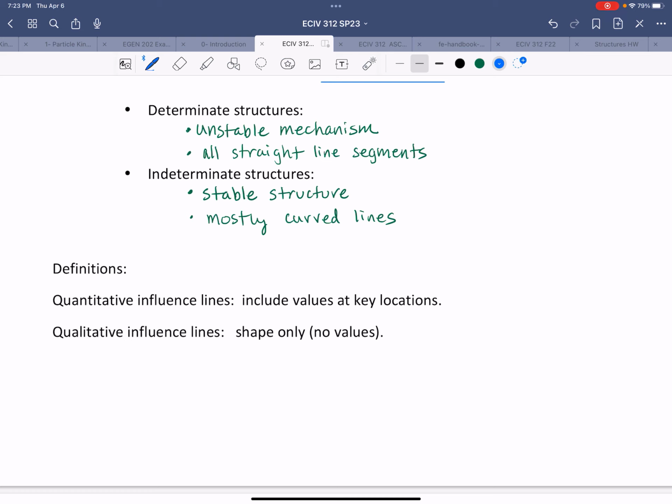All right, so a few definitions before we move on to an example. We can have quantitative influence lines, which is a lot of what we've been doing so far with statics, right? For quantitative influence lines, you want to make sure that you include values at all the key locations. This is something that in this class we can do for determinate structures.